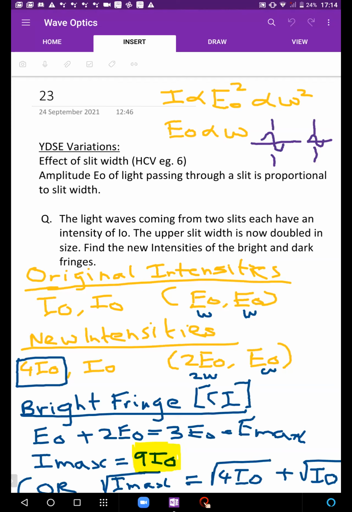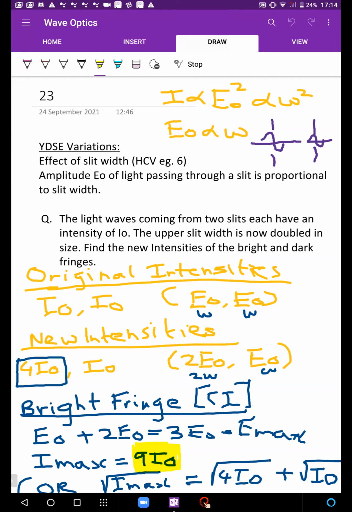Not slit distance, not small d, but एक slit का width, slit कितना wide है, that affects the amplitude. So intensity E naught के square के proportional होता है, तो intensity slit width के square के proportional होता है, क्योंकि HCV बता रहा है कि E naught is proportional to slit width.